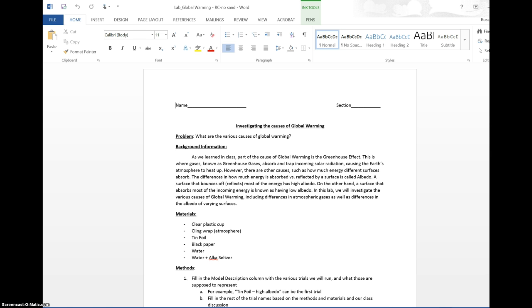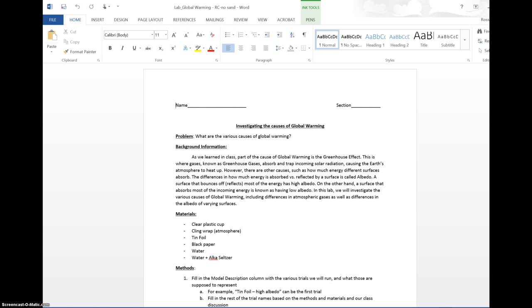So, with this lab, the purpose of it is, as it says under the problem there, what are the various causes of global warming? From class, and I give you some background information here, we know that global warming occurs because we release greenhouse gases into the atmosphere. But there are also some other reasons that the Earth can heat up, right?